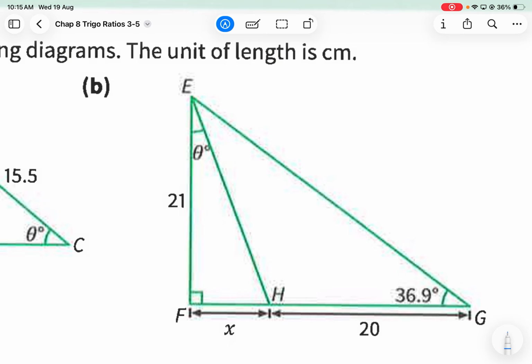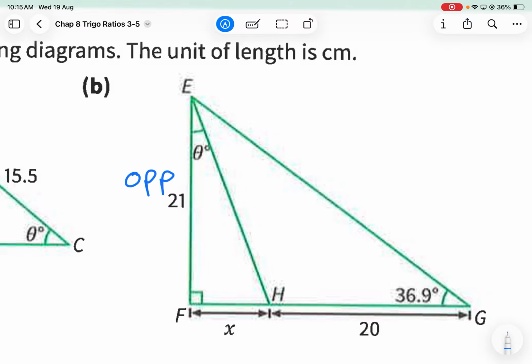Then I look at the big one. For the big one, I know this angle. I know 21. 21 is opposite 36.9 inside this big right angle triangle. So if I look at the big right angle triangle, 21 is my opposite. I know this angle. With these two data, I can find the entire bottom.